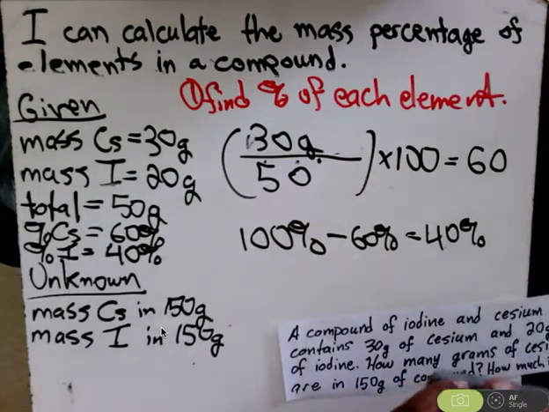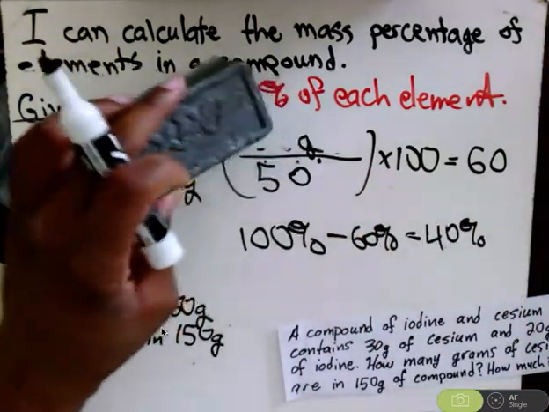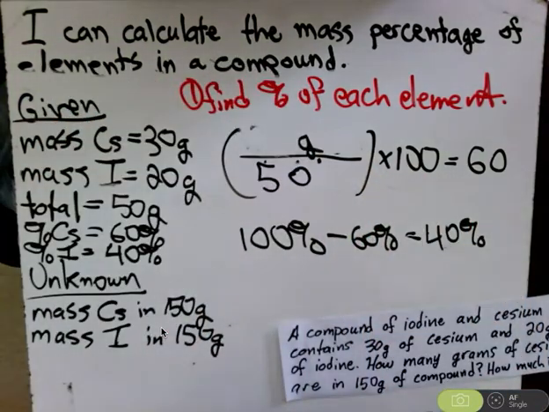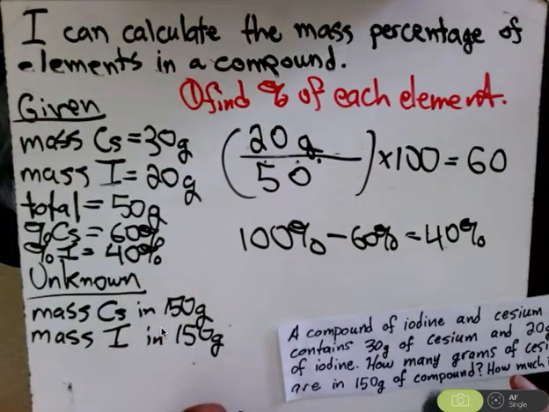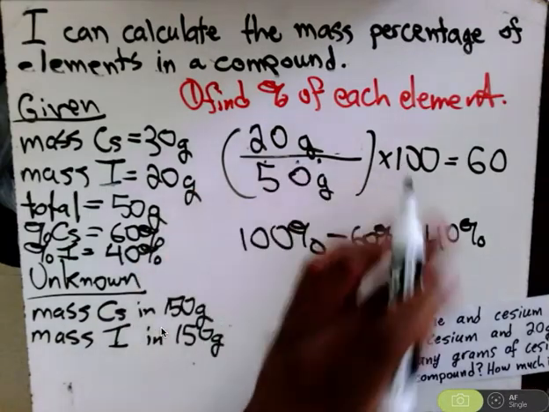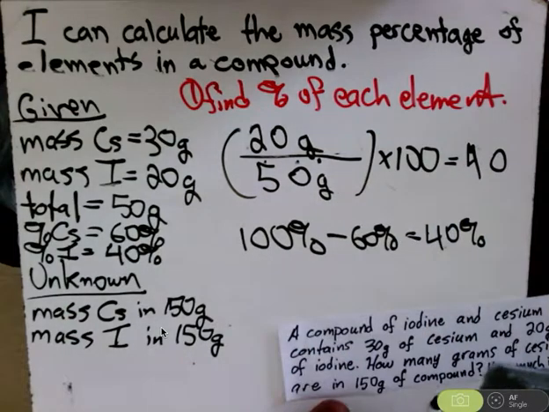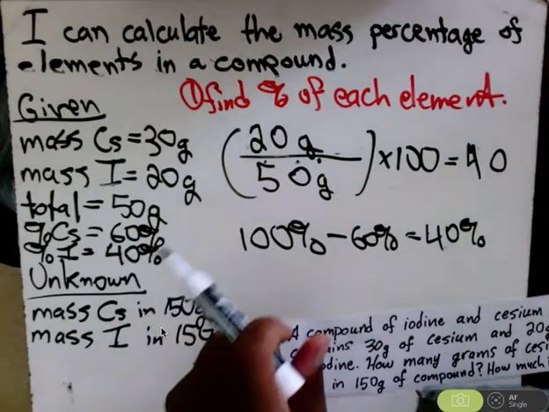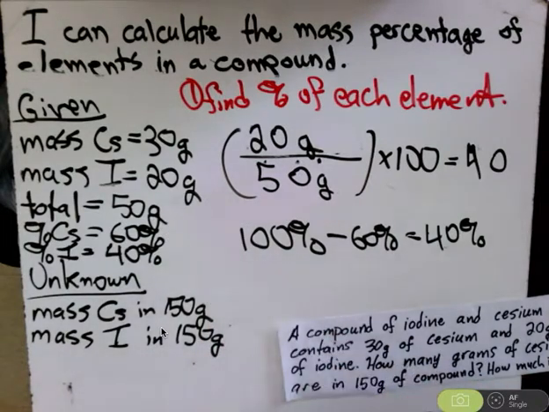Or we could also plug iodine into this formula. We could take the mass of iodine, which is 20 grams, and divided by the total, which is 50 grams, multiplied by 100. And that will give us 40%. So we found the percent of each element. We have 60% cesium, we have 40% iodine.